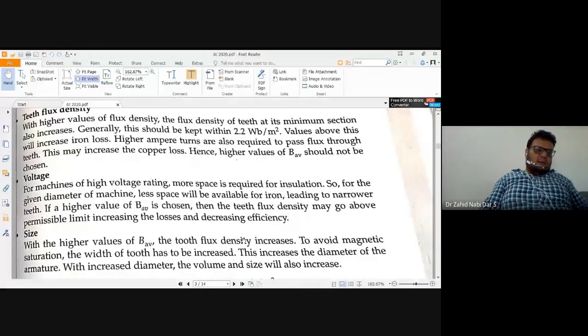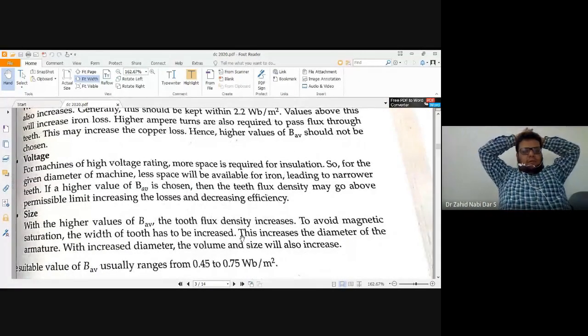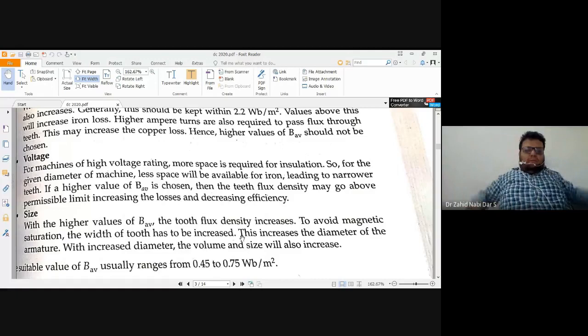So for machines of high voltage rating, more space is required for insulation. For a given diameter of a machine, less space will be available for iron, leading to narrower teeth. If a higher value of BAV is chosen, then the flux density may go above the permissible limit, increasing the losses and decreasing efficiency. If you have a high value of BAV, the area of cross section needs to decrease, because the average flux density depends upon flux by area.